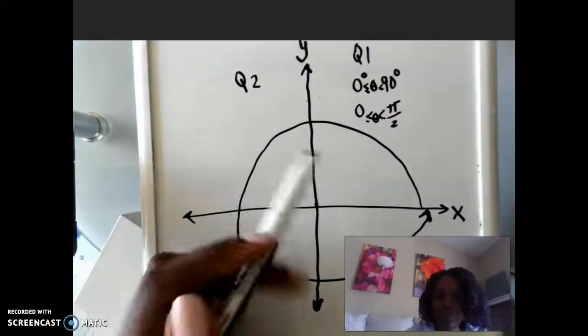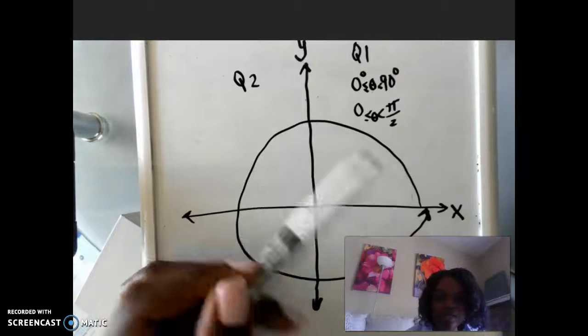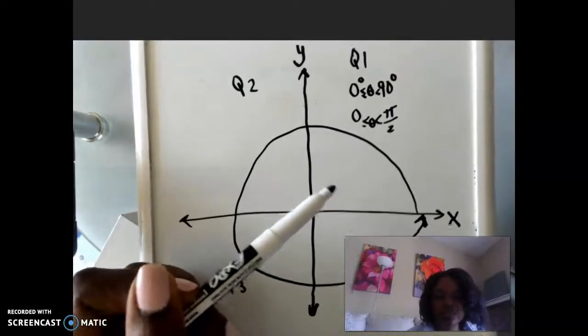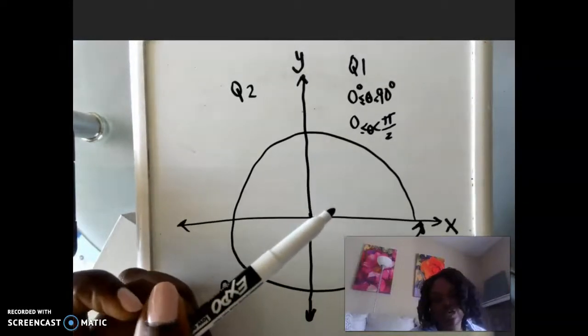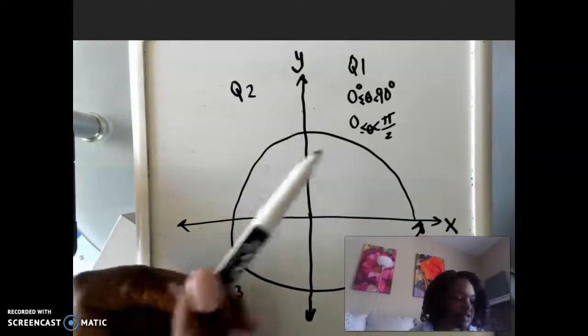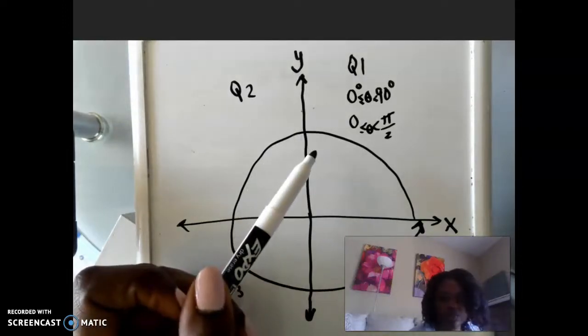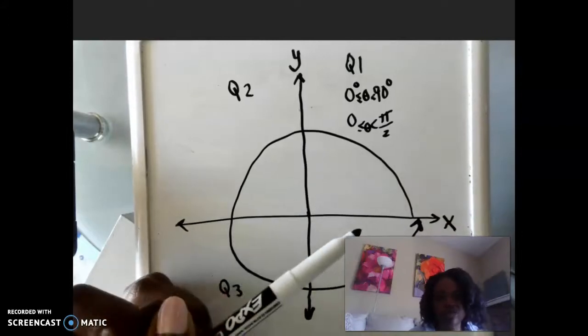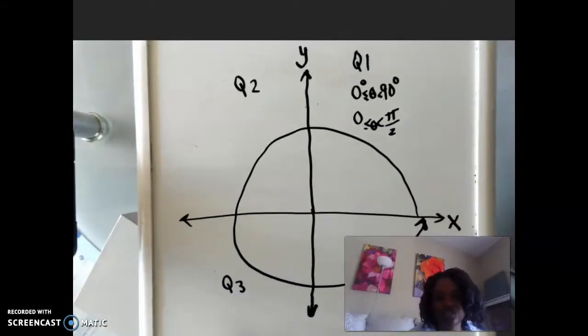So if you have an angle anywhere here, it must be between 0 and 90 degrees. They shouldn't give you any other angle in this first quadrant. Rather, they'll give you some other angle when you're working on the problems from this vector section.